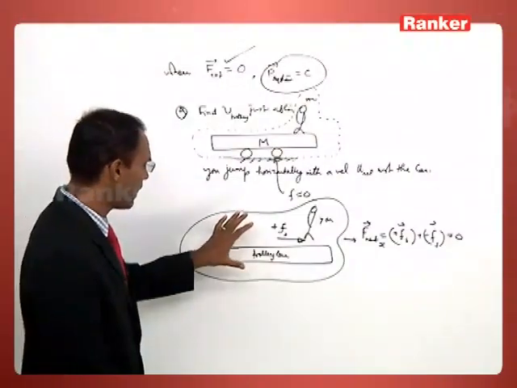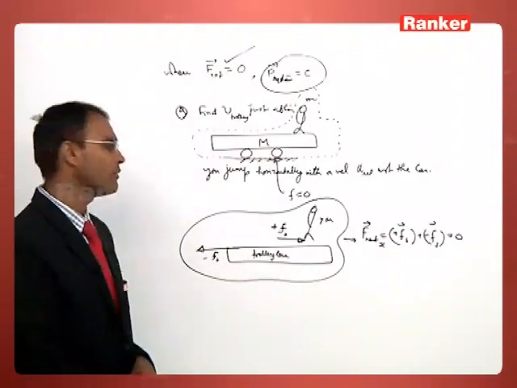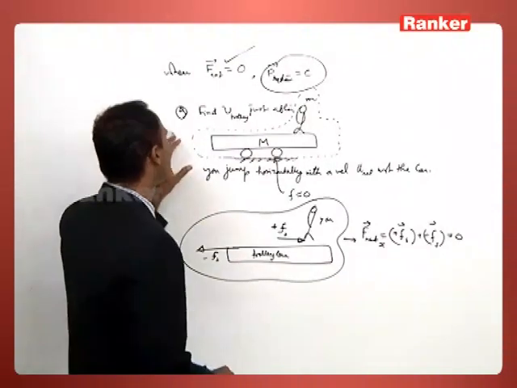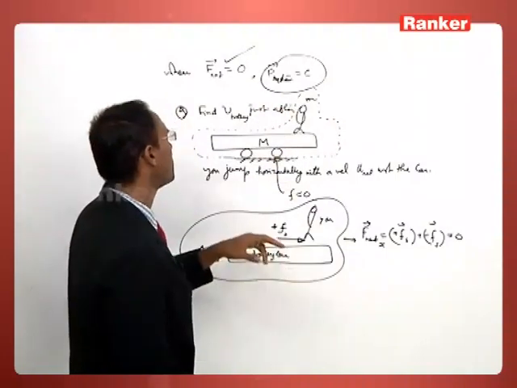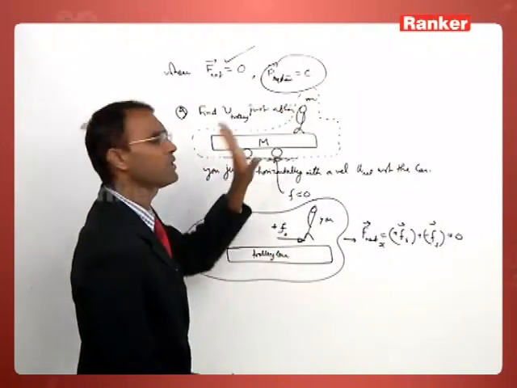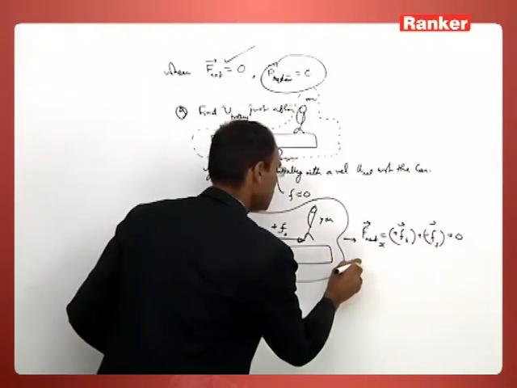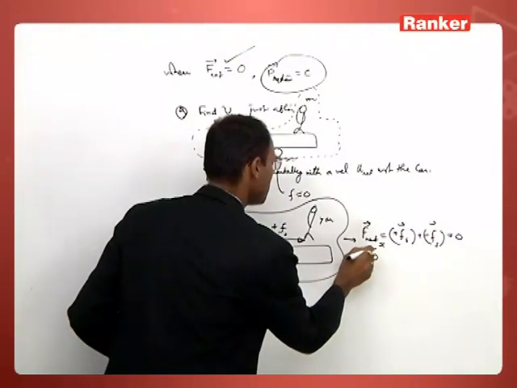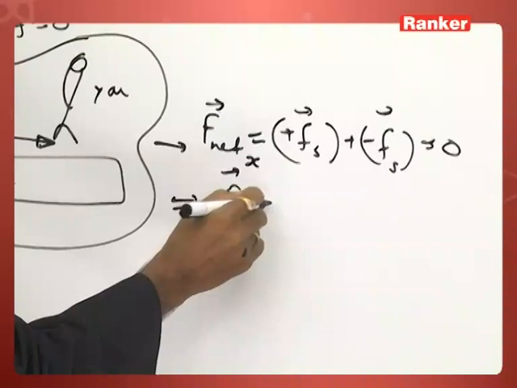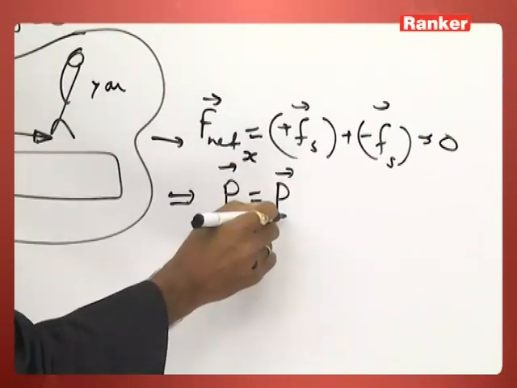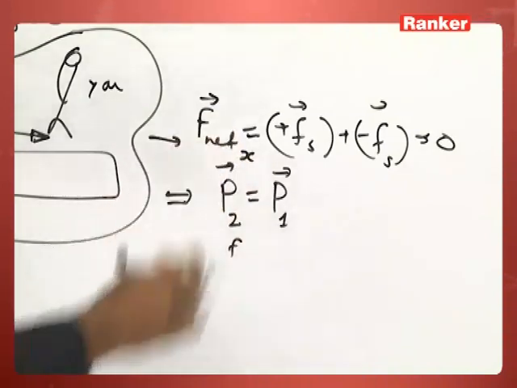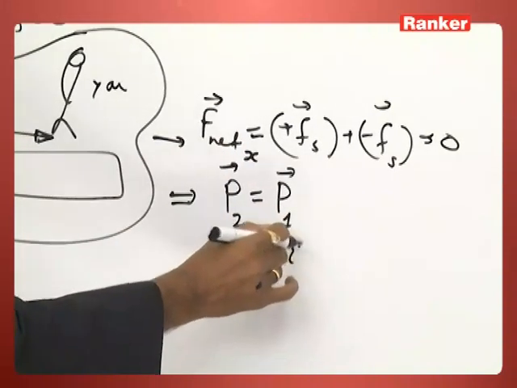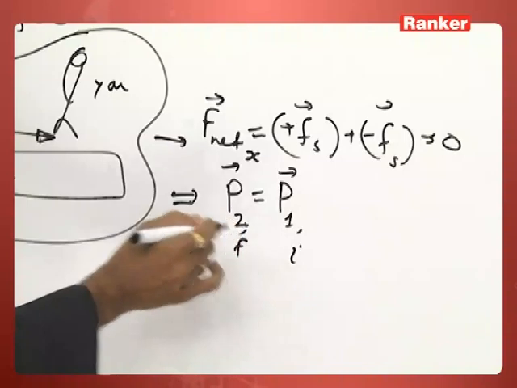This is the analysis part to ensure that you are going to conserve the linear momentum of the system containing the trolley car and yourself. Then you can write momentum of the system finally must be equal to momentum of the system initially. You can write 2 or you can write F. You can write 1 or you can write I.